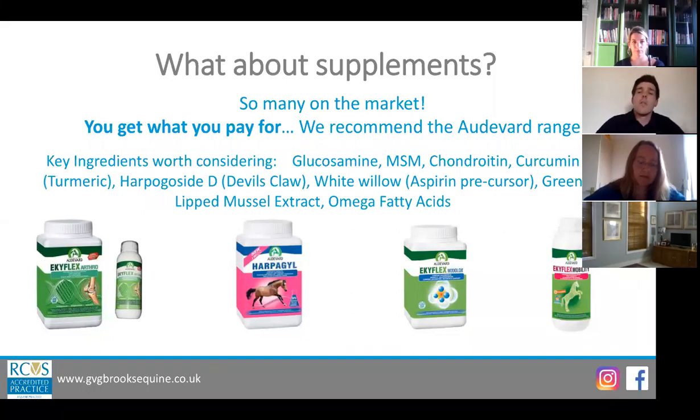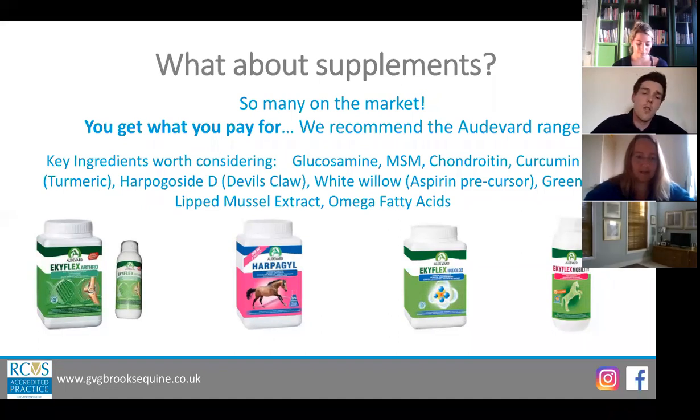I mentioned the white willow here as well, because I've definitely seen benefits from it in horses I've treated, and that's a precursor of aspirin. It's a herbal key ingredient, but if it's in a supplement, essentially the horse's body will turn it into aspirin, again acting as an anti-inflammatory and a painkiller.